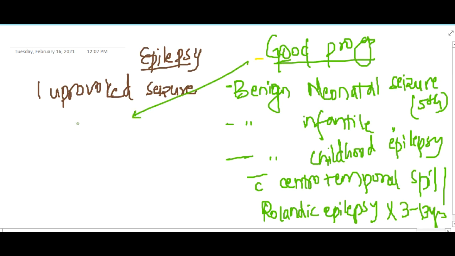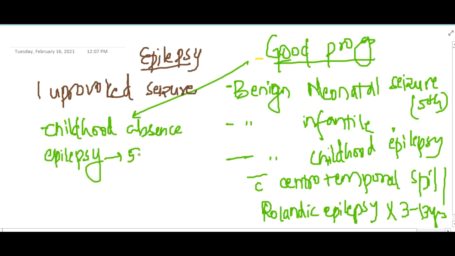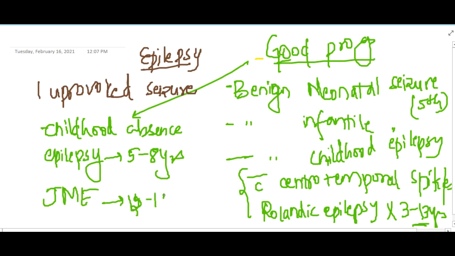And we have two more which are good prognosis. One is childhood absence epilepsy, which also shows good prognosis. This is seen in children between 5 to 8 years of age. Benign childhood epilepsy with centrotemporal spikes or Rolandic epilepsy is seen in 3 to 13 years. Then we have juvenile myoclonic epilepsy, which is seen in 12 to 18 years.